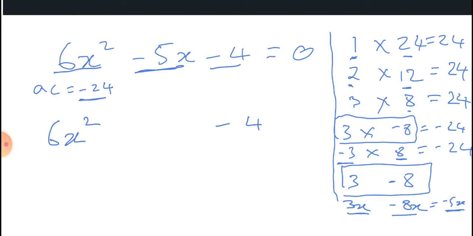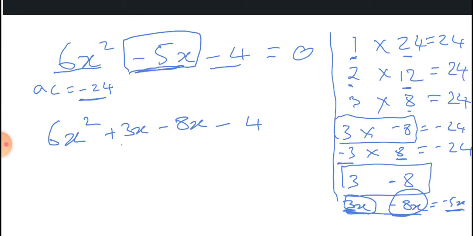So instead of minus 5x, we're going to write plus 3x, because remember this was positive, and then the minus 8x. All we've done is broken the minus 5x down to plus 3x minus 8x.